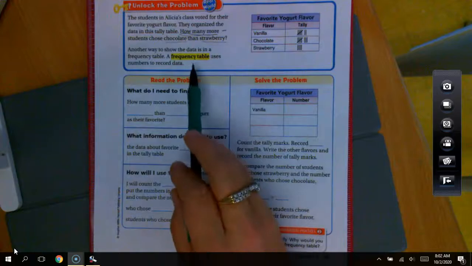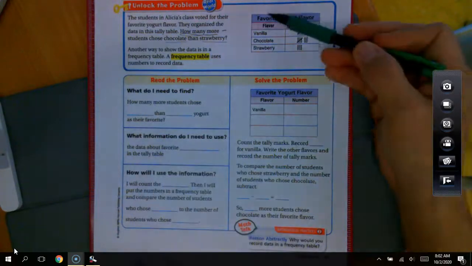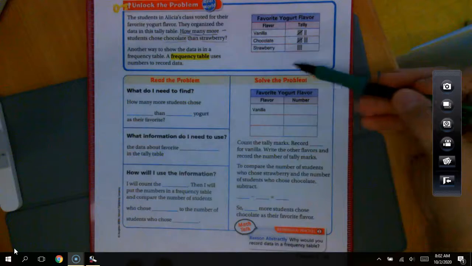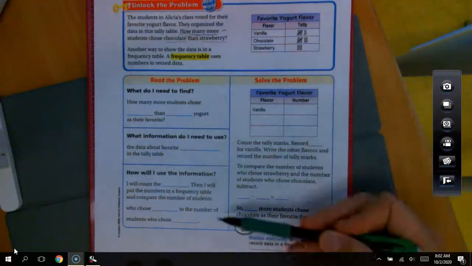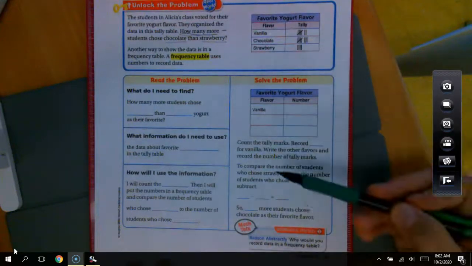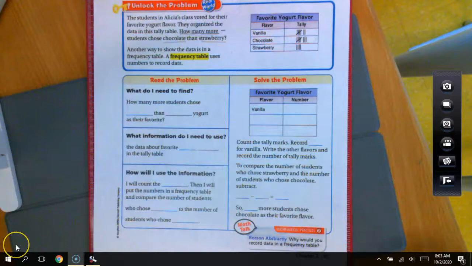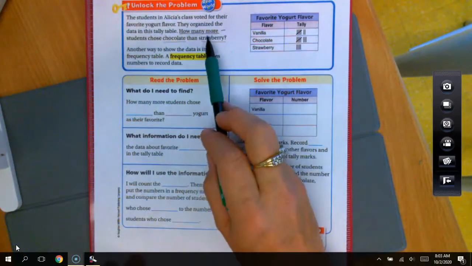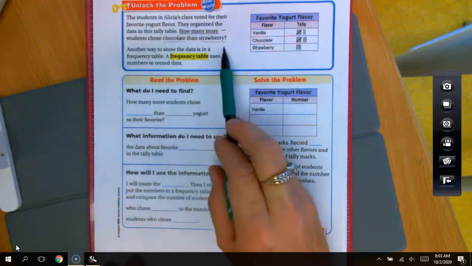So, your frequency table uses numbers to record the data. We're going to take this information in my tally table, come down here and read the problem, and then solve the problem by making it into a frequency table. From the question we underlined: how many more students chose chocolate than strawberry?